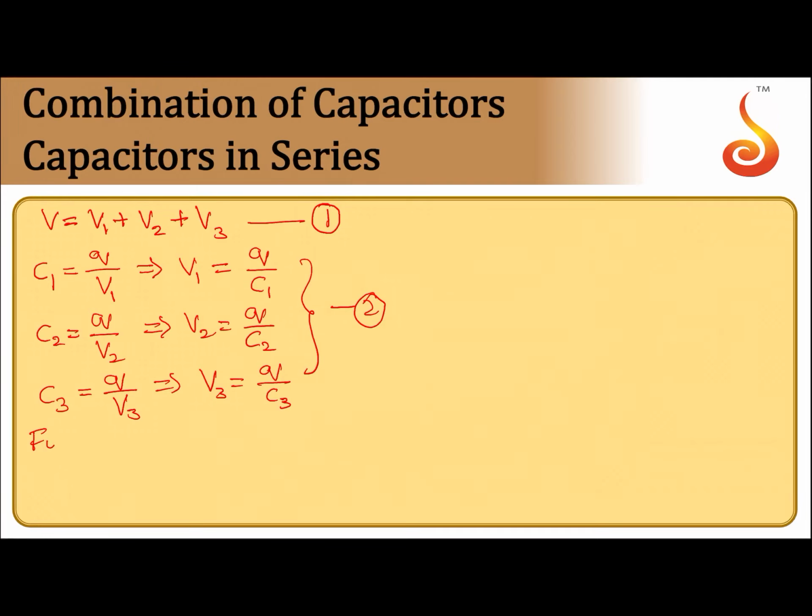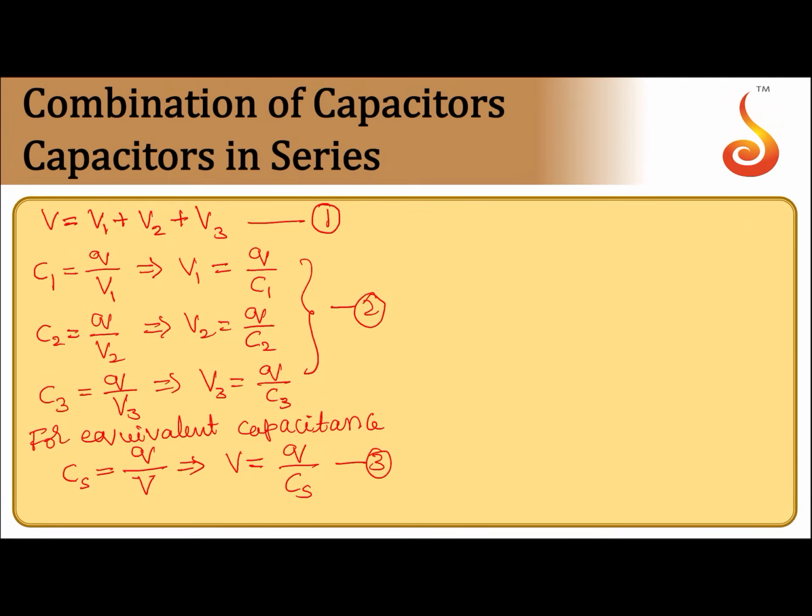Now for the equivalent capacitance, if I apply the same definition of capacitance, the equivalent capacitance is CS, the charge on the plates is Q, the potential difference across the plates is V. So CS should be equal to Q by V. So V can be written as Q by CS. Call this equation 3.